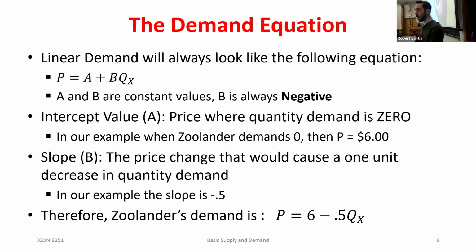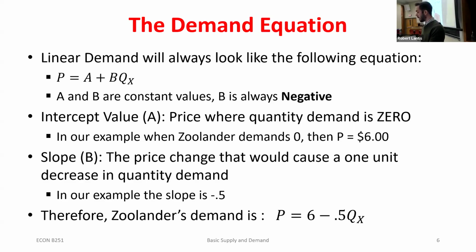How do I find slope? The change in y over the change in x. What's my y? The change in the price of whatever good we're looking at. What is my x? A change in the quantity of whatever good we're looking at. So between these 2 points, what's the change in price? It's going down by $1.